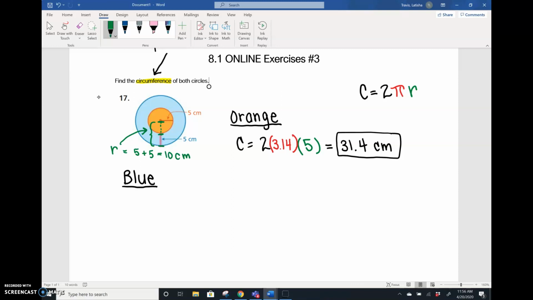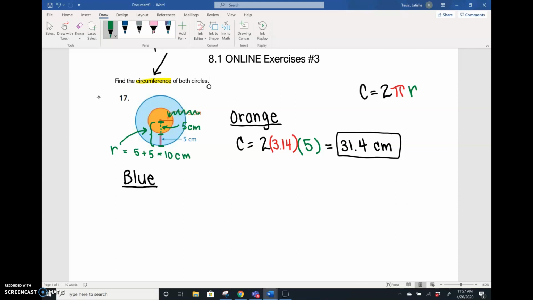And we can now use that information to figure out the circumference or the perimeter of that larger blue circle. And the 5, it's this right here, that equals 5 centimeters. And I can kind of scratch that out for now.